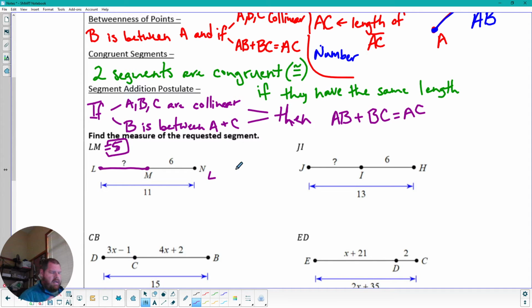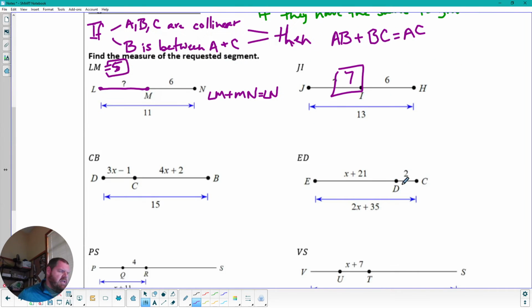M is between L and N, so then LM plus MN equals the whole thing. I don't need us to show or worry about all that. We can just take it for what it shows. And I'm good with just saying that it's 5 because that's the number you add to 6 to make it 11. On the next one, some number plus 6 equals 13. Okay, it's 7, right? When the problem's easy, make it easy.